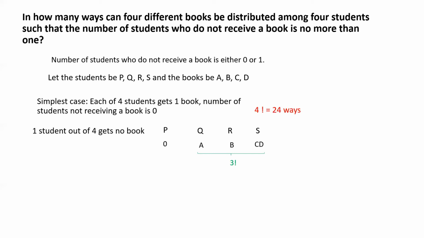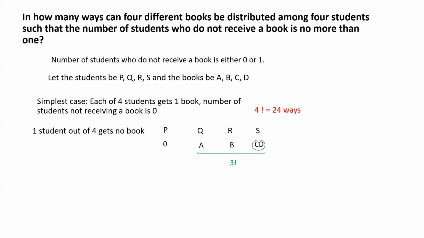Q, R, and S being different individuals, the distribution will be different if they change the order in which they receive the books. There could be an order like Q receiving 2 books C and D, R receiving the book A, and S receiving the book B, and so on, right? That's why we are doing this permutation among Q, R, and S. We have just three entities, and we are permuting amongst themselves. So that's why it's factorial 3.